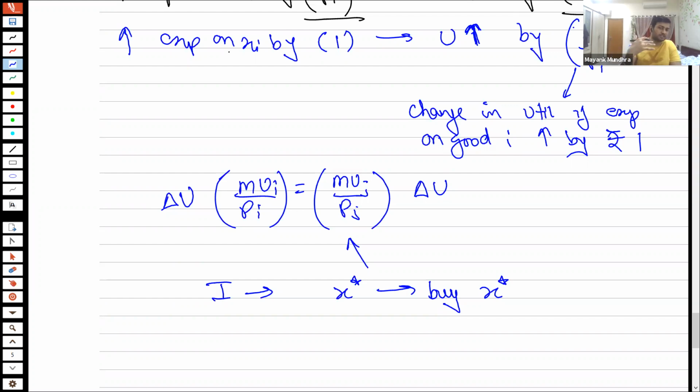It does not matter where you spend it. You can spend it on good I, or good J, or any other good. At the optimum, where you spend this extra 1 rupee is immaterial. That is the idea: at the margin, it does not matter where you spend the last rupee. Okay, so it's a powerful thing.